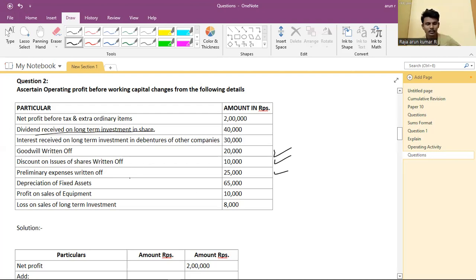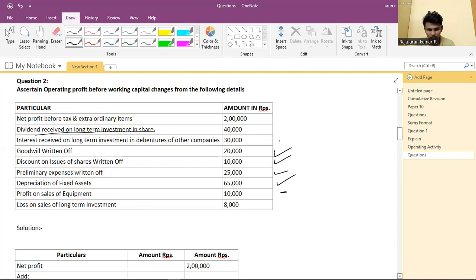It is just an add in the operating activity second step. Then depreciation, discount on issue of expenses, preliminary expenses written off, then depreciation of fixed asset. Loss, profit: this is a gain, we can less it.